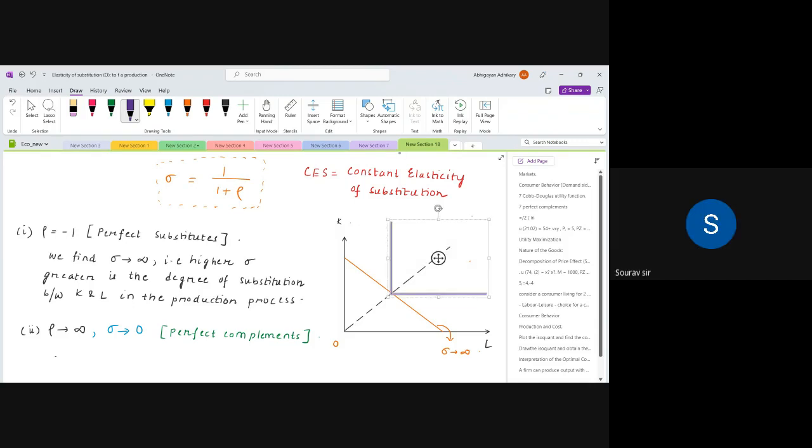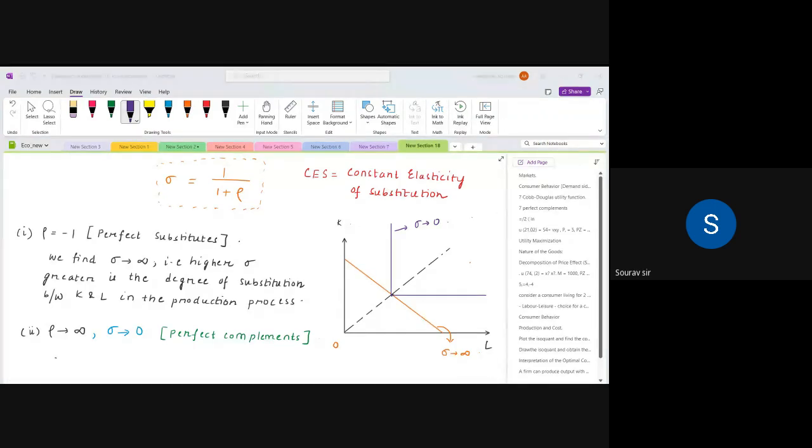Something like this. So this is for sigma tends to 0. Correct? Two extremes: perfect substitutability, no substitutability. Okay? So this is for perfect complements.